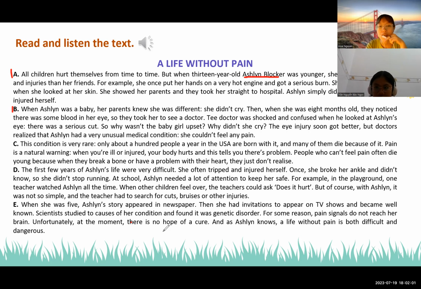Yes, yes. Because paragraph B shows that Ashlyn was different, right? Was different, and the doctor was shocked and confused about her, and the doctor realized Ashlyn had a very unusual medical condition, right?